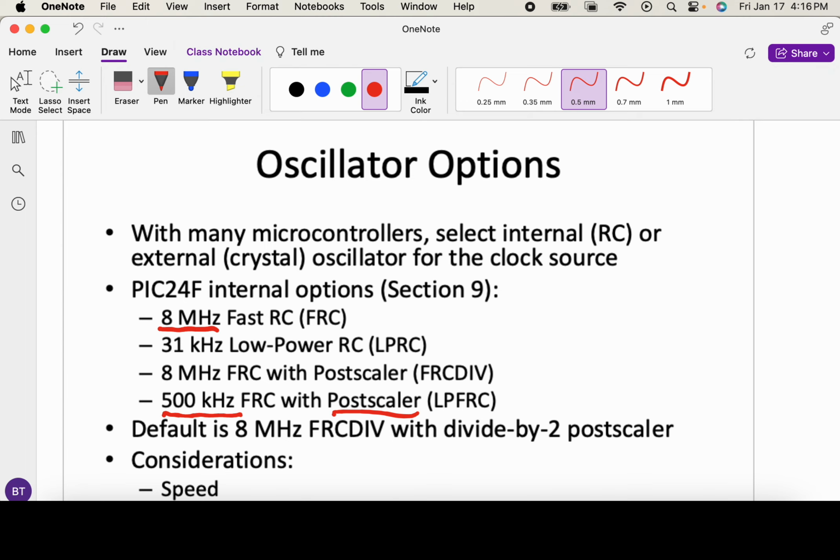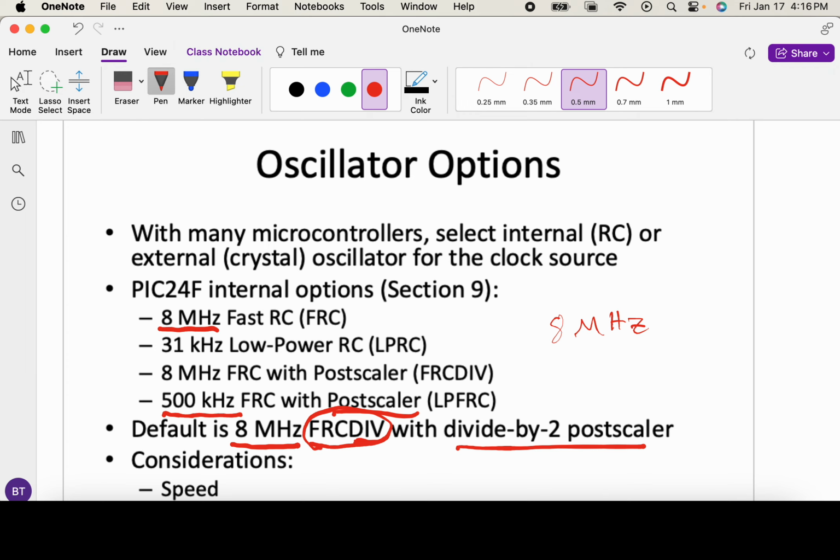So the default oscillator speed on our PIC is 8 megahertz, and we call that the fast resistor capacitor div oscillator. So the FRC div is the default, and the div gives you a divide by 2 postscaler. So what that means is you have an 8 megahertz frequency for the oscillator.